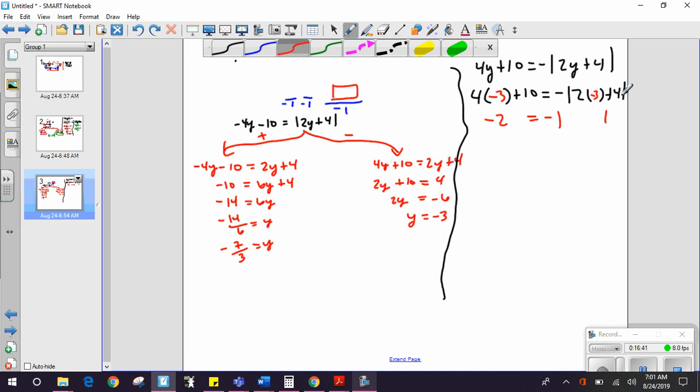Negative 6 plus 4 is negative 2. So bring down the negative 2 on the left. Now the absolute value of negative 2 is positive 2, right? And then we still got to multiply it by the negative sign. So negative 2 equals negative 2 does check out. So this is a solution.